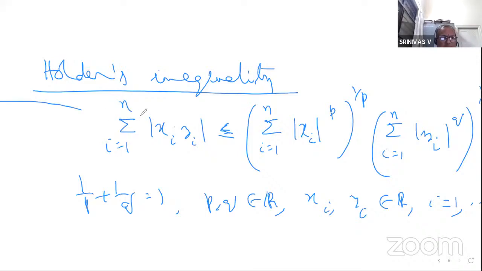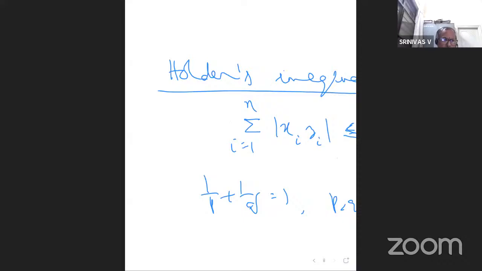Let me open a PDF file. It is in norm. Which one do I want? Yeah, I want Hölder's inequality. There are two printing mistakes in Hölder's inequality. Yeah, I want to correct them.